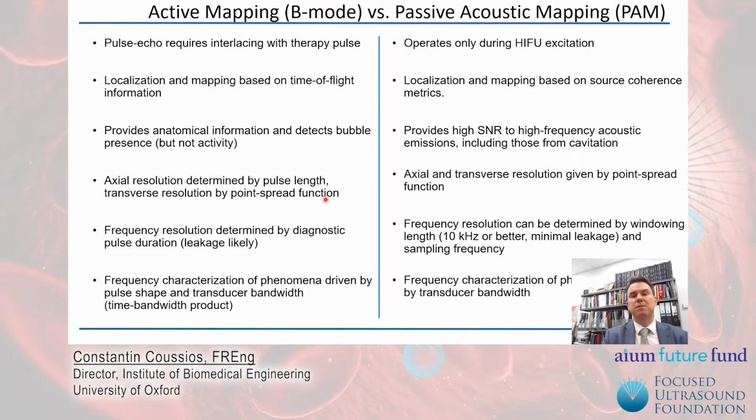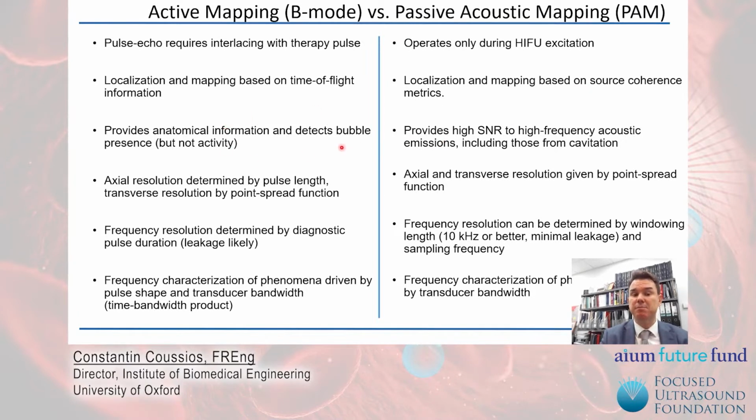Therefore, looking at some of the differences and similarities between active mapping and passive acoustic mapping, or B-mode and PAM, it is clear that pulse echo requires interlacing with a therapy pulse, whilst PAM can only operate during therapeutic ultrasound excitation. We need to localize and map based on time of flight information in B-mode, whilst we base it on source coherence metrics in PAM.